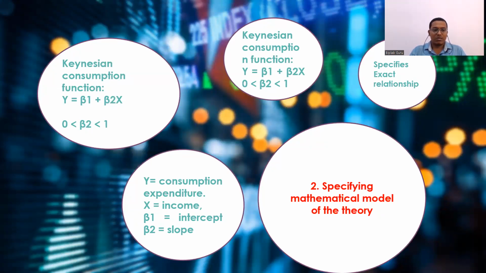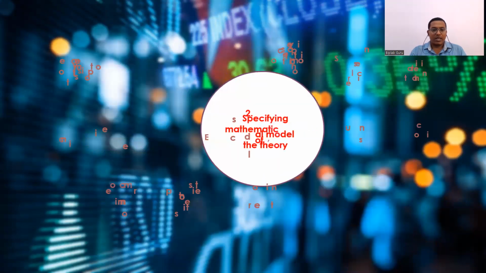Here, y is consumption expenditure and x is income. It can be monthly or annual consumption and income, depending on the frequency of the data collected. Beta 1 is the intercept or autonomous consumption in this case, and beta 2 is the slope, or the marginal propensity to consume. So this is how we specify a mathematical model.